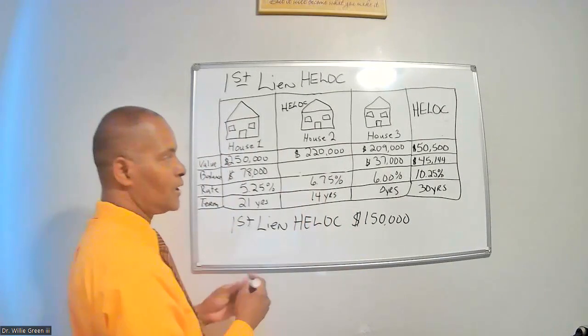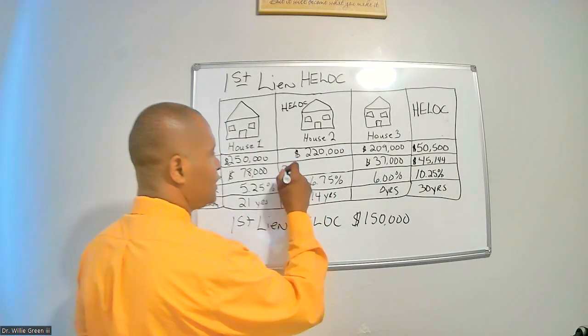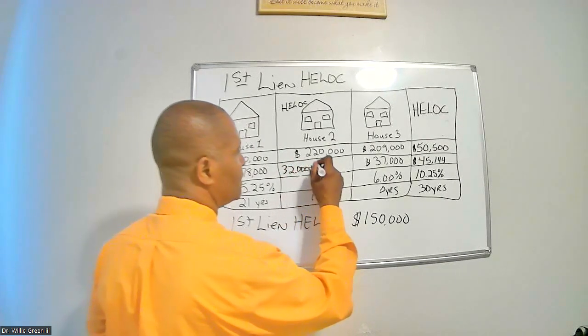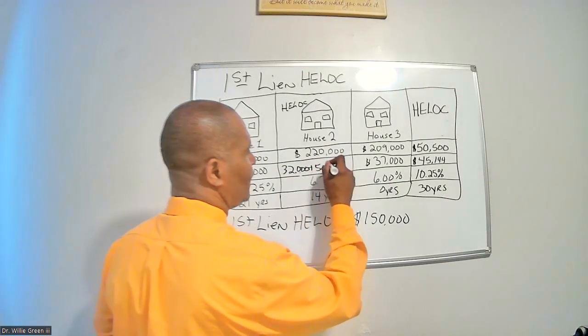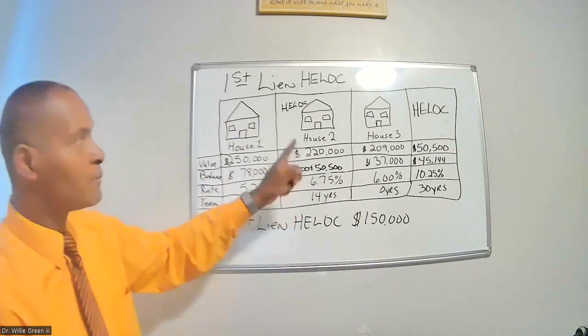So this home has a subordinate loan. The $32,000 plus the $50,500 is sitting on this particular house.